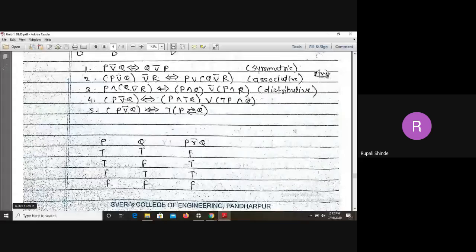If both P and Q have identical values, then only the final value is T. For other combinations, it will remain F. So we can say that this is exactly opposite to biconditional. That's why we can say that P XOR Q is equivalent to negation of P biconditional Q. Here, why have we taken negation? Because this is opposite to the truth table of P biconditional Q.